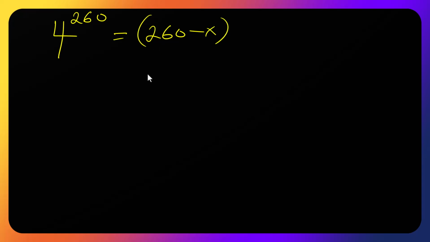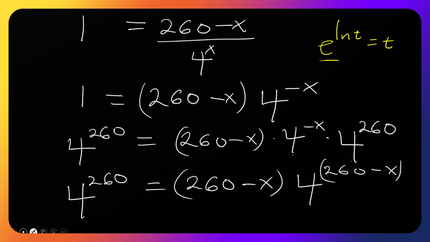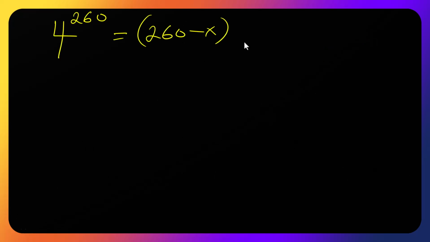Now, instead of writing 4, I will make it e raised to ln of 4. So this here will represent 4 to the power 260 minus x. So that will be e raised to ln of 4, to the power 260 minus x. As simple as that.